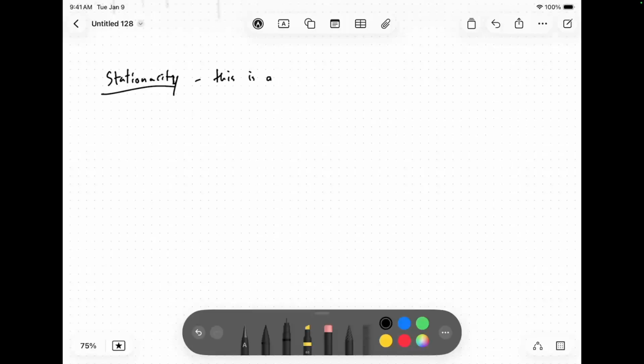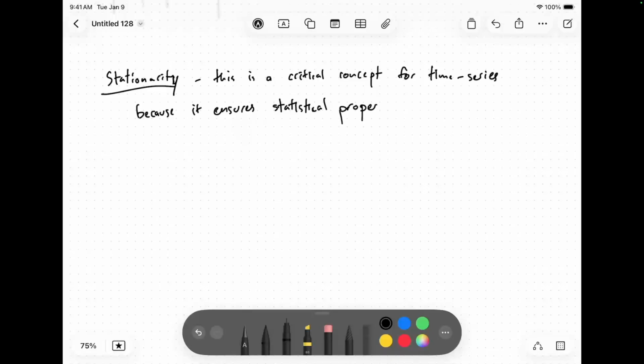This is a critical concept for time series because it ensures statistical properties such as mean and variance stay constant.